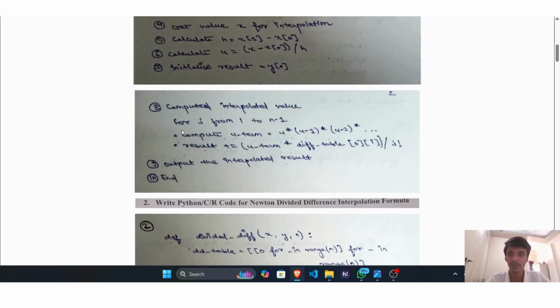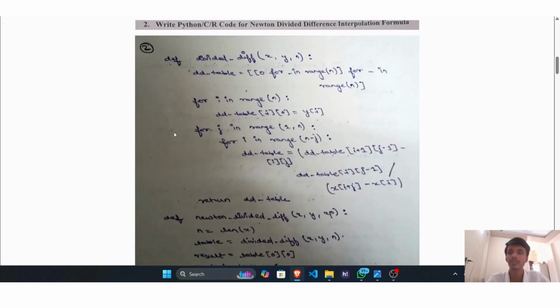We initialize the result as y0, and while computing the interpolated value, for i from 1 to n minus 1, we compute the u term, which is u into (u minus 1) into (u minus 2) and so on. And to the result, we append: result plus equals u term into difference table at position 0, i, divided by i factorial. And we output our interpolated result at the end, which is this result.